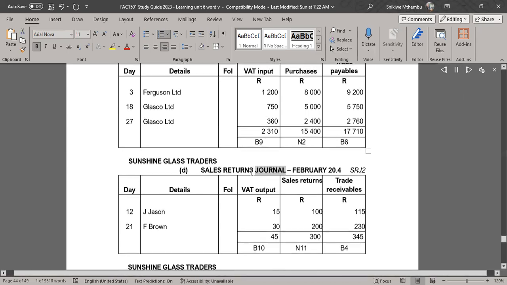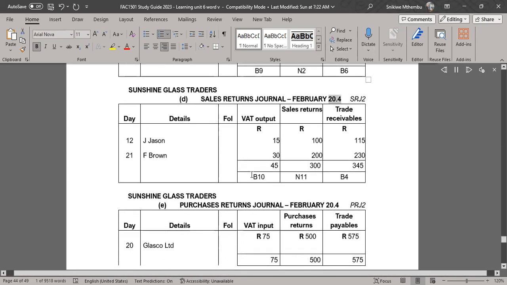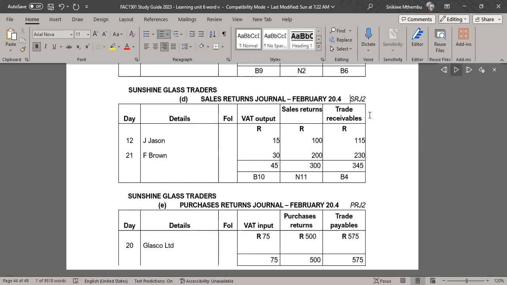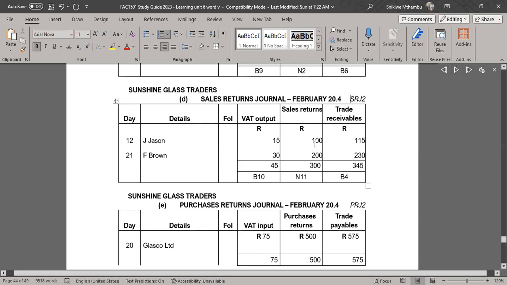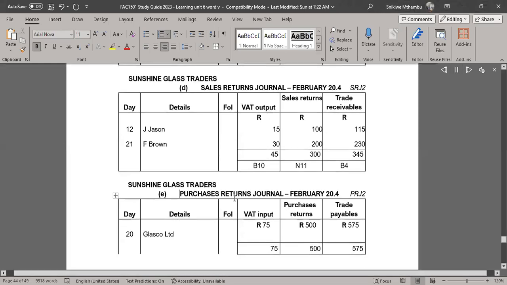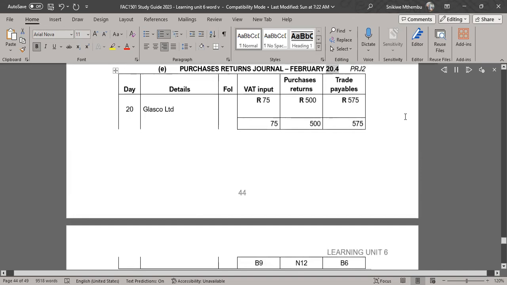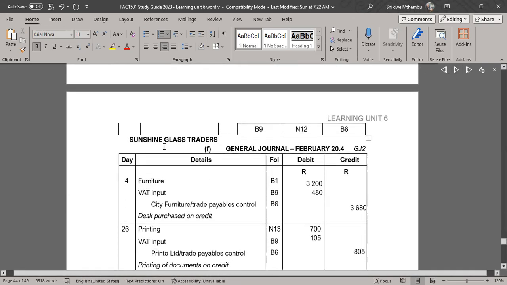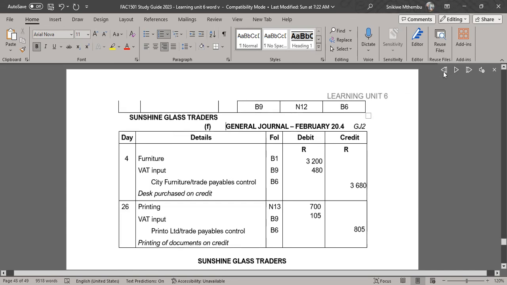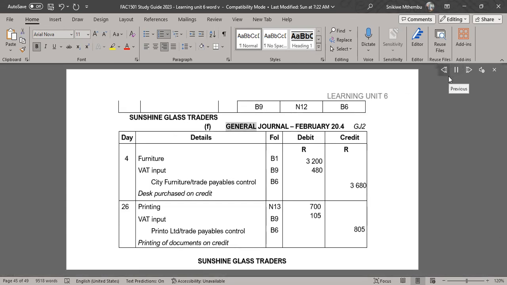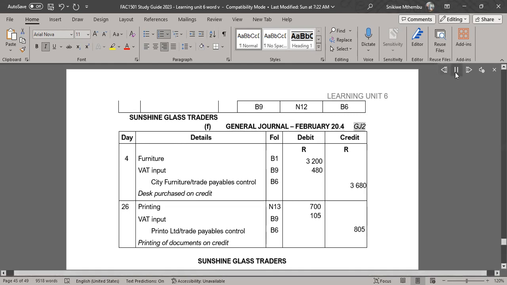Sales Returns Journal, February 20.4 SRJ2. Purchases Returns Journal, February 20.4 PRJ2. General Journal, February 20.4 GJ2.